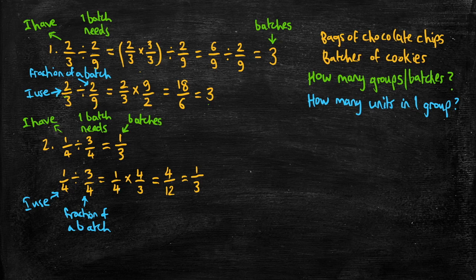So if I multiply 1/4 by the inverse of 3/4, so multiply 1/4 by 4/3, then that comes to 1/3.